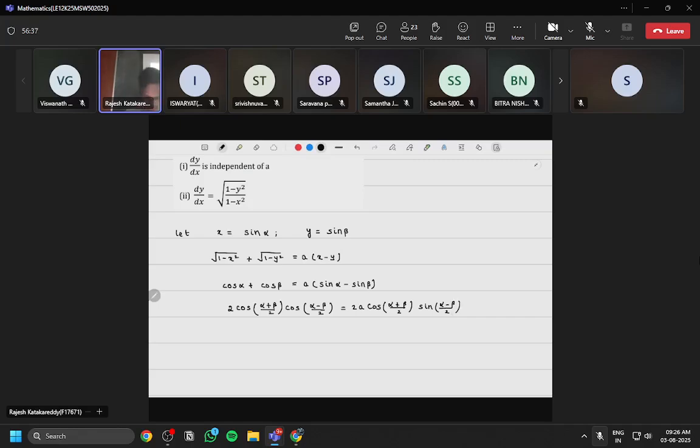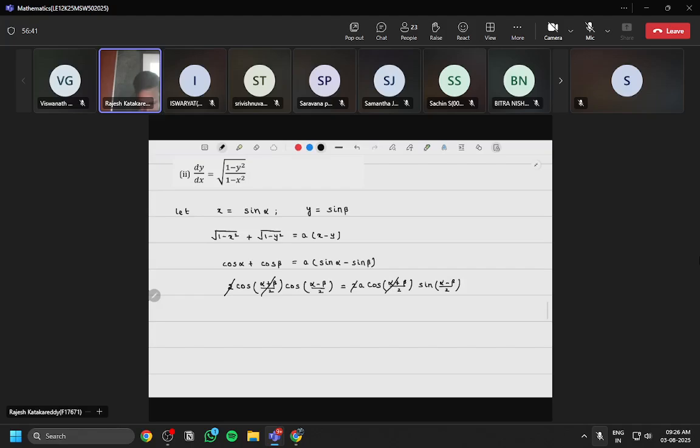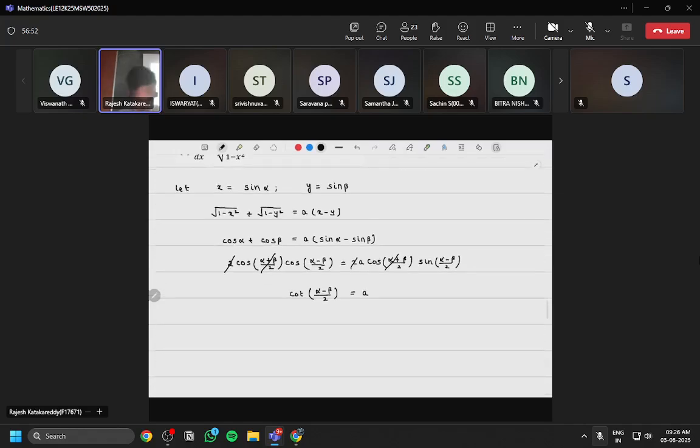Right, I think both sides 2 also 1. Now I can say that this is cot of alpha minus beta by 2 is equals to a. Changing sides, alpha minus beta by 2 is equals cot inverse of a.